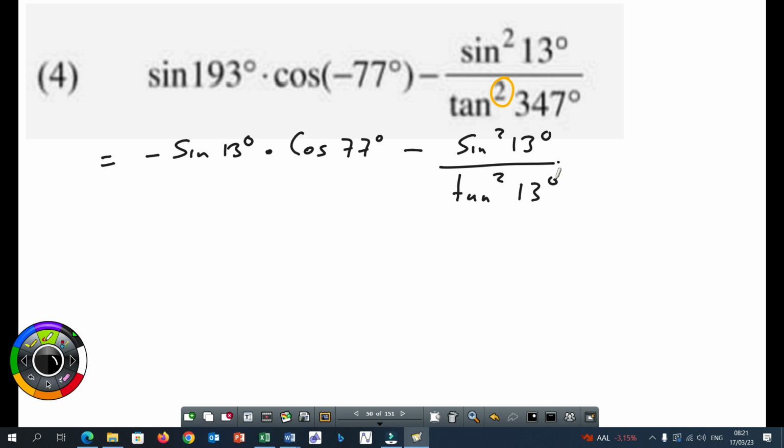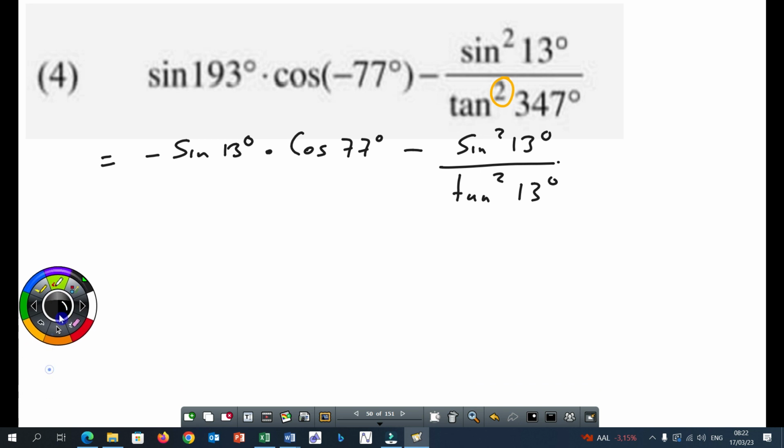Now, we have to simplify this because we have got angles there. If you want to simplify it, my suggestion is to convert the tan to sine over cos. But before I do that, let me find the LCD.